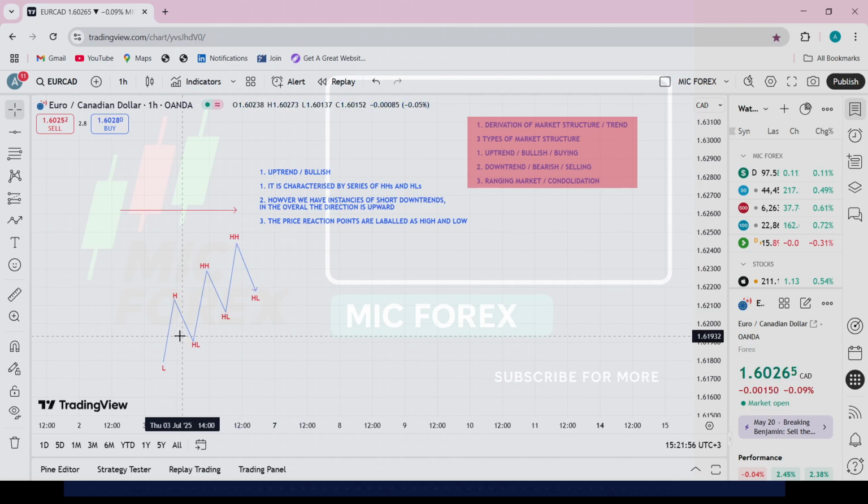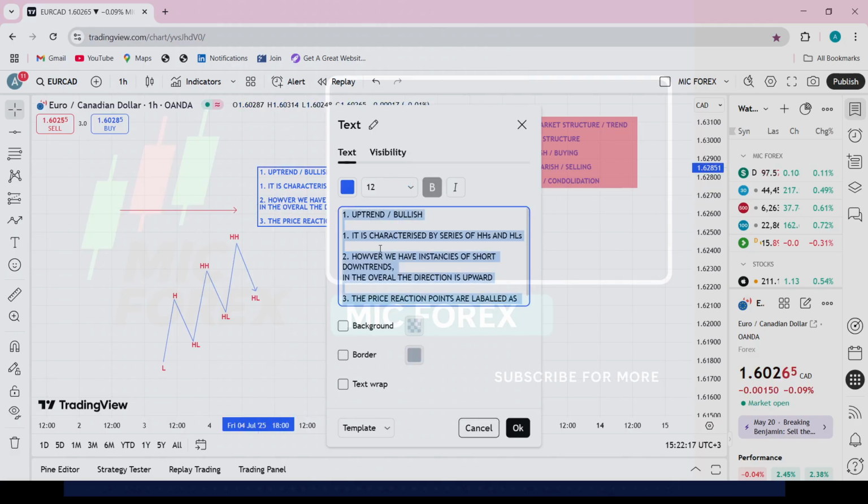Now, this is a market structure that is an uptrend, because we have said it is characterized by a series of higher highs and higher lows. Whenever you find higher highs and higher lows, then without doubt that is an uptrend market structure.